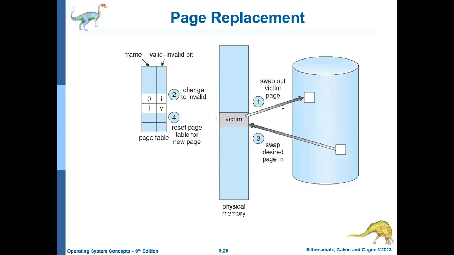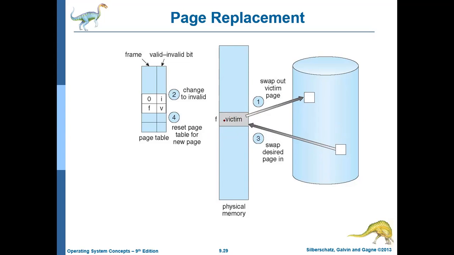So if you want to involve a new frame here, this is your physical memory, this is your secondary memory, then this page needs to be removed from here to get a blank space if it is the last space.